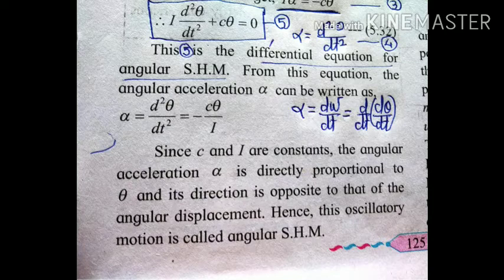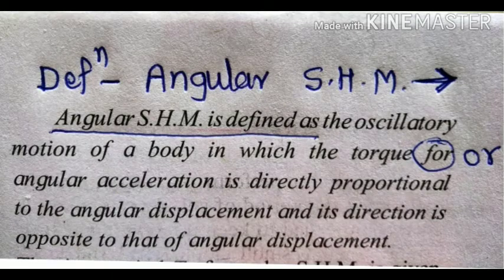Thus these two conditions are angular simple harmonic motion, and therefore we define angular simple harmonic motion as an oscillatory periodic motion in which the torque or angular acceleration is directly proportional to the angular displacement, and its direction is opposite to that of angular displacement.